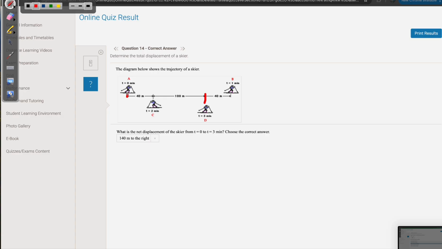Or you can just figure out how long it takes from A to D, because D is at 3 minutes. Immediately, it's just the path from the initial to the final. 3 minutes is D, so you're just gonna go 40 plus 100, which is 140. And it's to the right because we're moving to the right. And displacement has a direction because it's a vector.